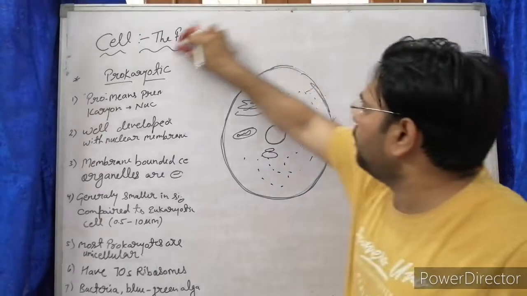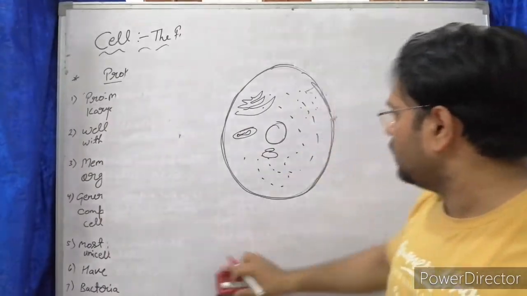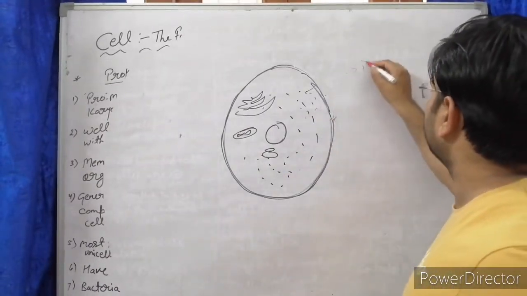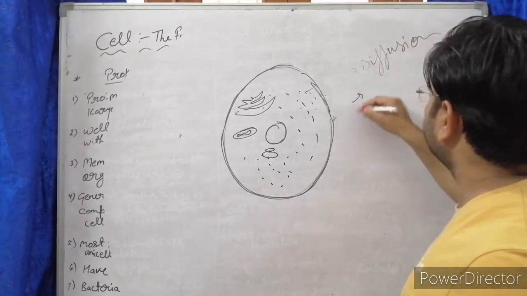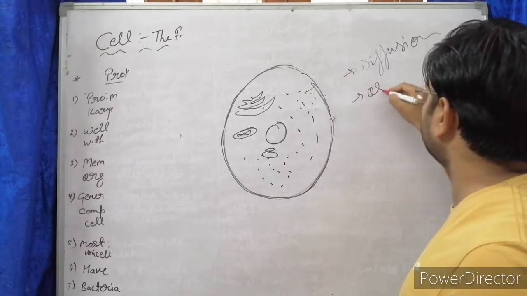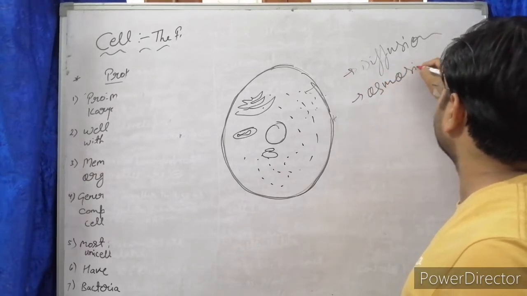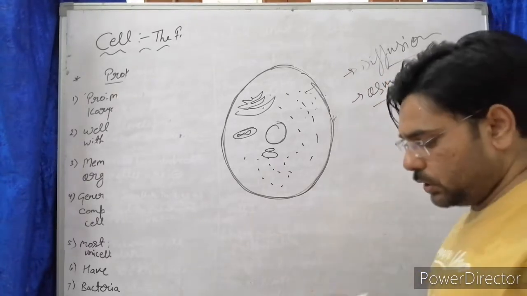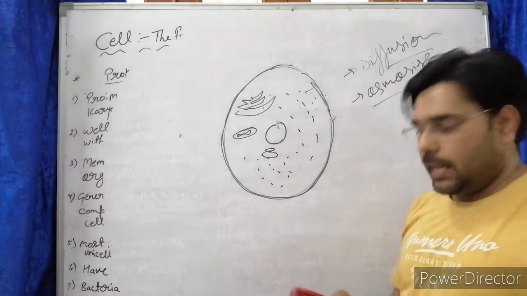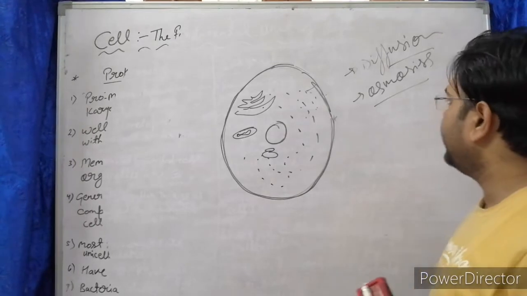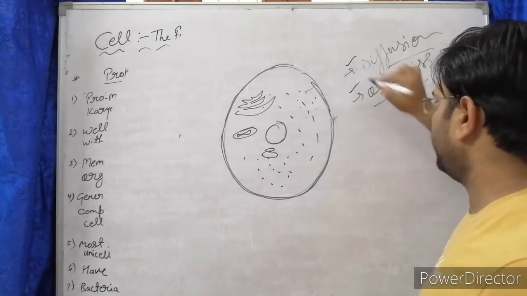The basic means of transportation is by diffusion or by osmosis. Due to diffusion and osmosis, substance move into the cell and out from the cell. Now let us discuss what is diffusion and what is osmosis.